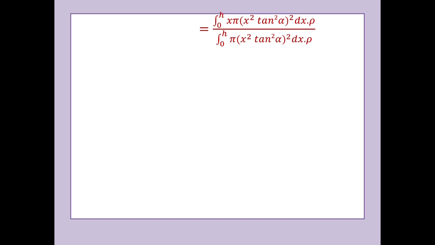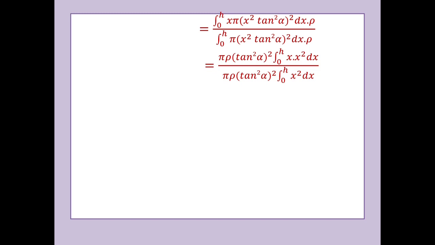The whole power square has been mistakenly copied, so it is simply x pi x square tan square alpha dx rho. In the denominator also the same, integral of 0 to h pi x square tan square alpha dx rho.